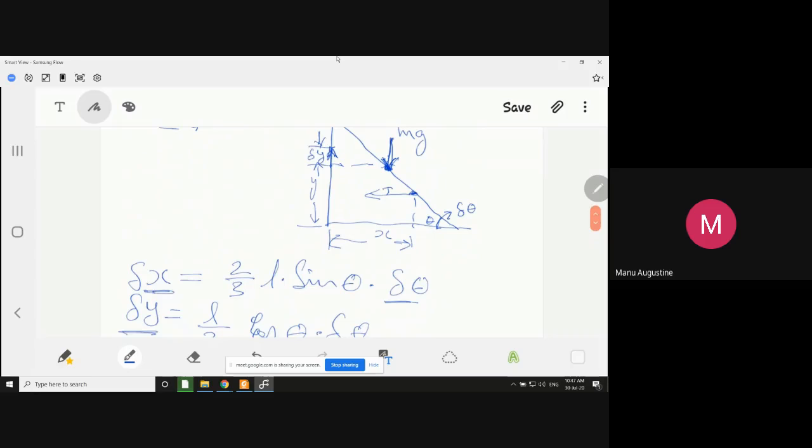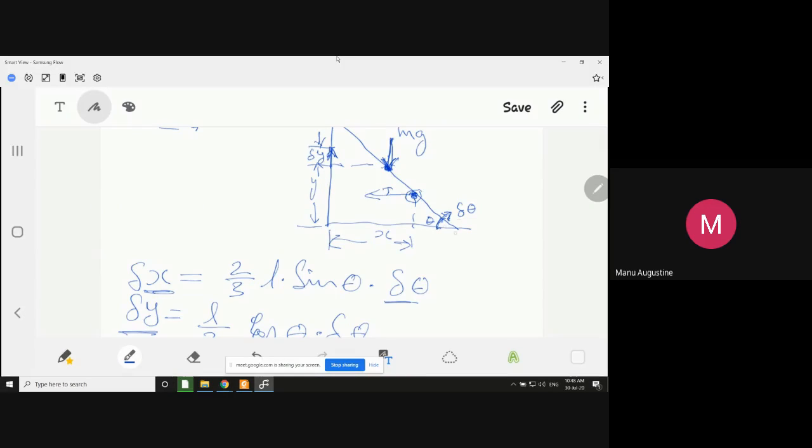Now, again, considering that a small increase in theta by del theta was given, what will happen to this point? Will it move to the right by delta x, or will it move to the left by delta x? I'm talking about this point now. Left. It will move towards the left.